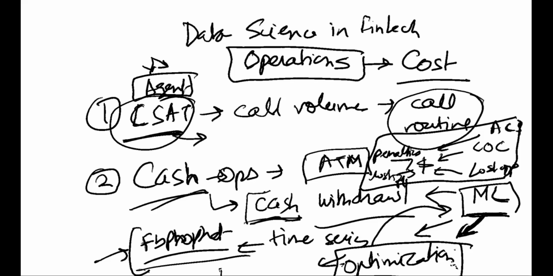The CSAT problem is often a correlation application or a decision tree application. That's where you will understand what's driving your CSATs down, or how to optimally route calls. Call routing is again a big application for machine learning.